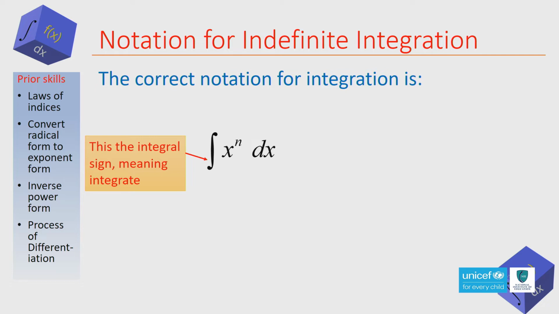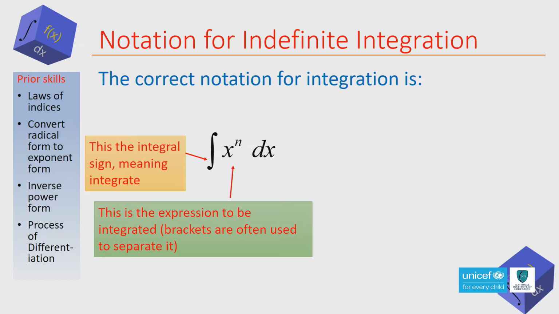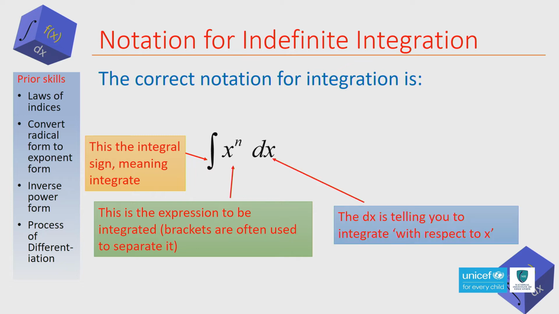So that sign is the integral sign, and this expression here is the one to be integrated. Usually it will be bracketed if you have a complicated function, and that dx tells you the variable of integration. If dx is there, it means x is the variable. If dt is there, then that means t is the variable.